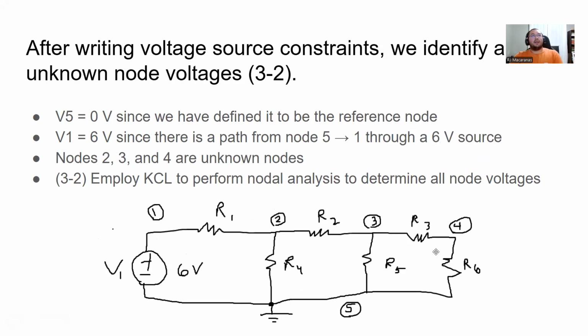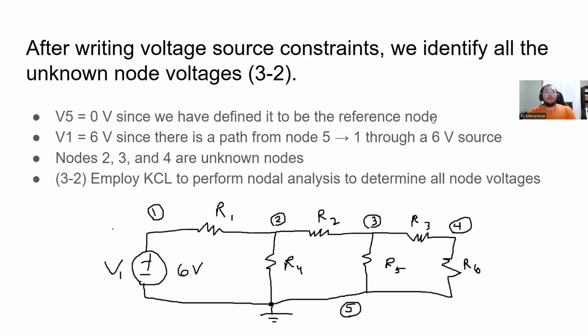Once we've gotten all of our constraints out of the way, we identify all of the unknown node voltages. I don't think I had mentioned this before, but node voltages are all with respect to our reference. I know we looked in the past at voltages across resistors, right?